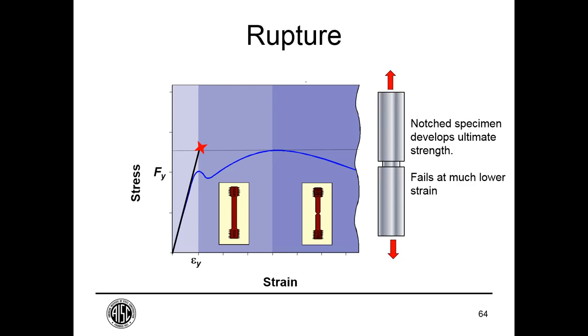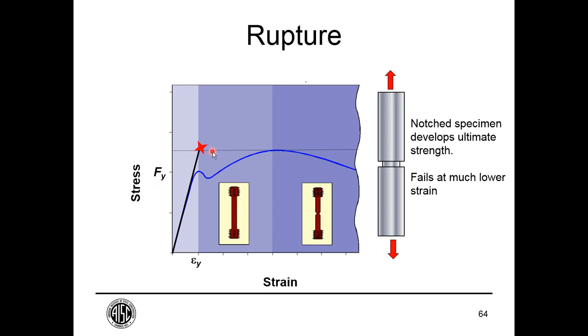So the stress strain curve for this element, instead of having this prolonged yield plateau, essentially keeps going up until it reaches the rupture stress. So there is an interaction in rupture, but it's not the yielding sort of behavior that you have in yield.